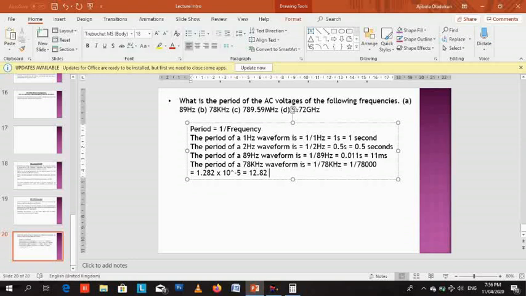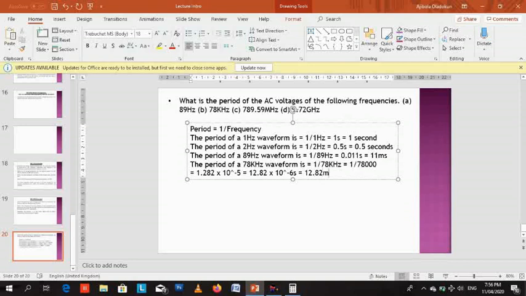If you shift it once to the right, you have 12.82 times 10 raised to the power minus 6 in total. So minus 6 seconds. That is one way of looking at it.